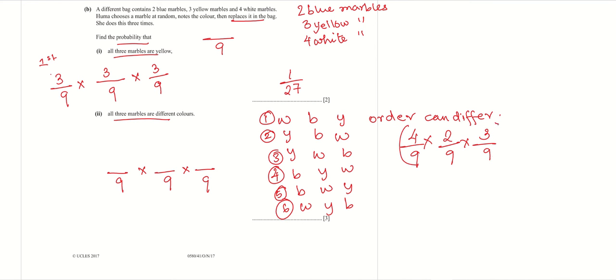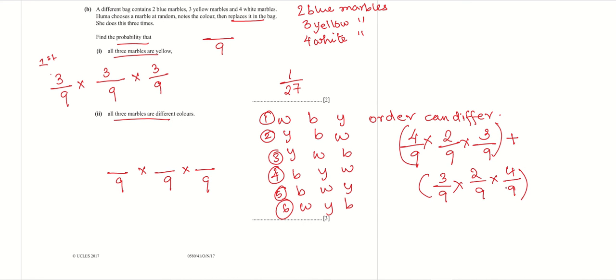So this is the probability for the first order. We will add it with the probability of the second order, which is yellow, blue, W. So that is yellow 3 out of 9 multiplied by 2 out of 9 multiplied by 4 out of 9.